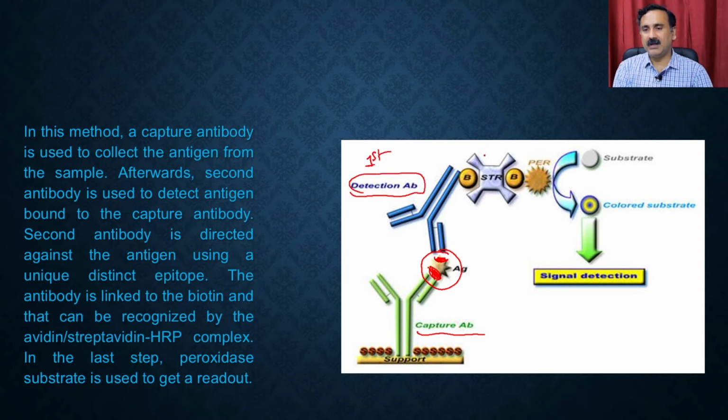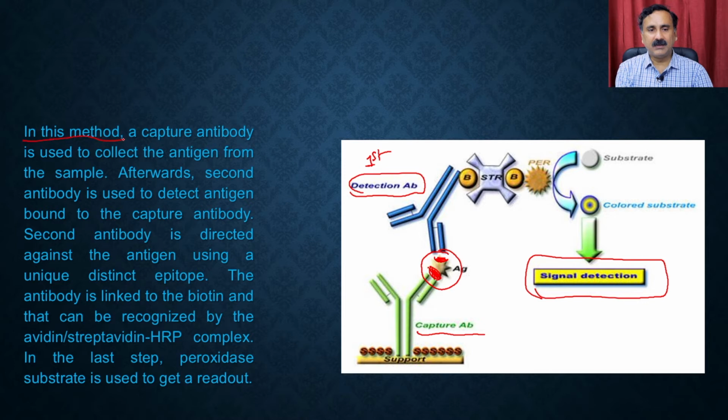Then this primary antibody is recognized by either a secondary antibody or by detection systems. That is how you utilize the substrate, it gives you the signal, and you measure that signal using the spectrophotometer.